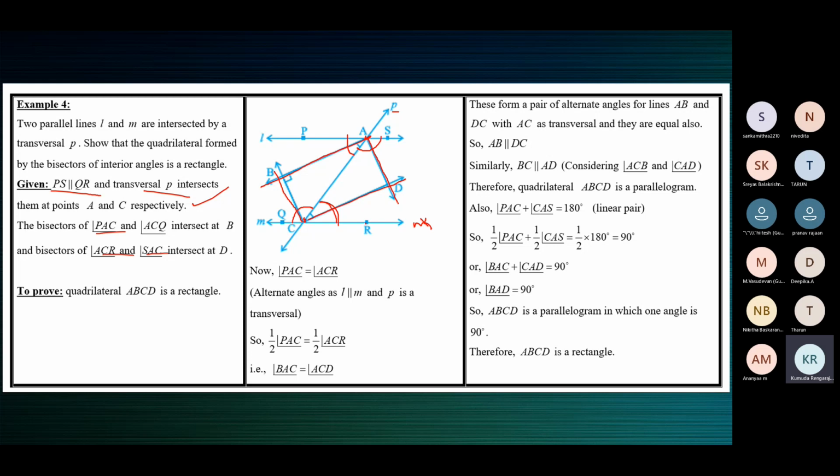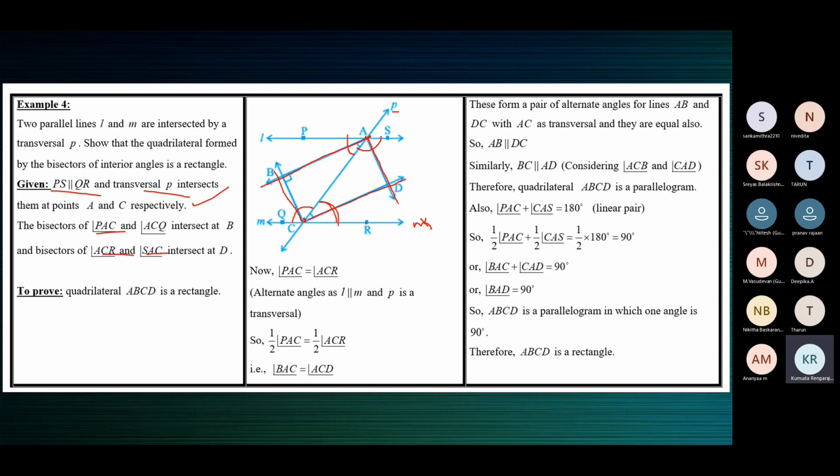Parallel lines PS and QR are intersected by the transversal at A and C respectively. And then we've taken 2 interior angles at a time. The bisectors of 2 of the interior angles intersect at B, and the 2 others intersect at D.